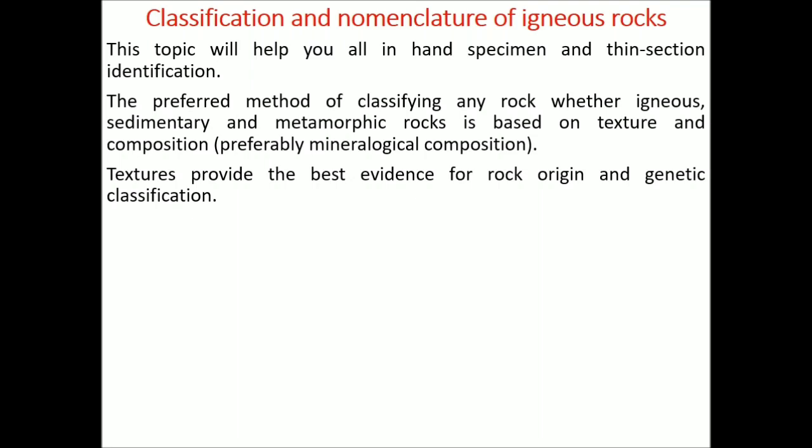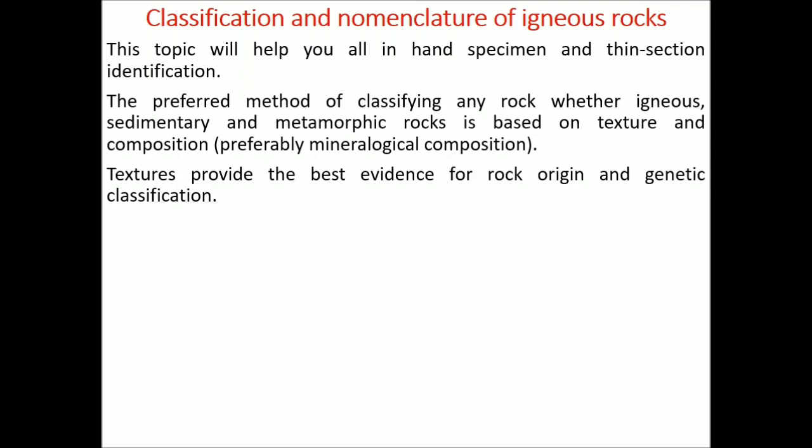And then texture tells us how the coarser grains formed, how the finer grains formed, whether they formed at the same time or whether they formed in metastable condition at two stages or multi stages. These kinds of things are the tools by which we can know about the origin of the rocks, and that is the ultimate motive of any classification scheme.